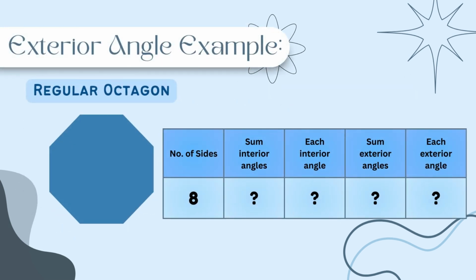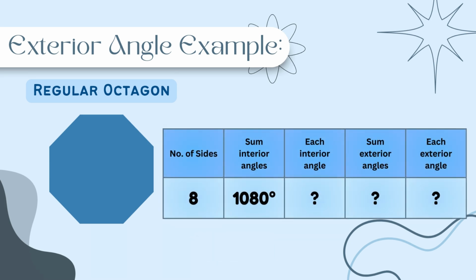We have a regular octagon as our example. Knowing that it has 8 sides, how do we get the following? To get the sum of the interior angles of an octagon, simply use this formula. Replace n with 8 and begin solving.